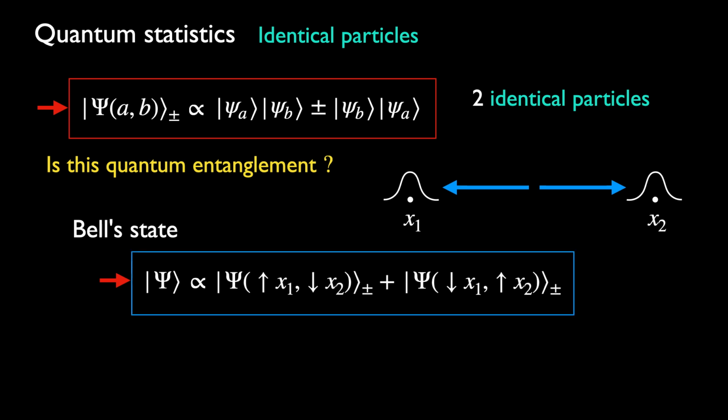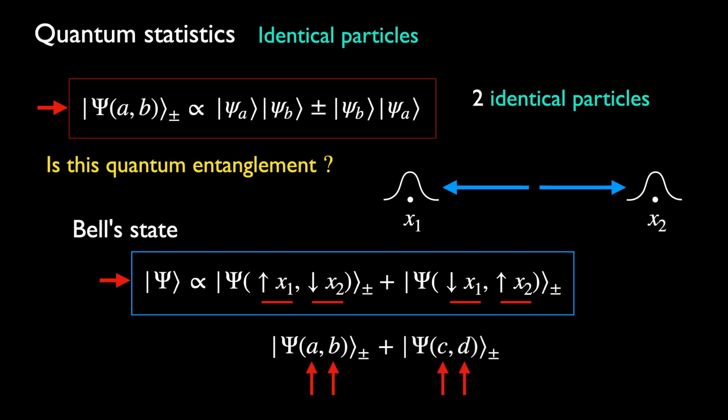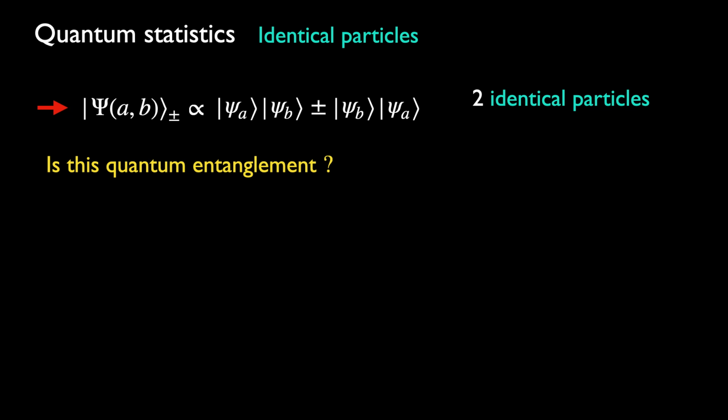As you can see, the Bell state actually involves 4 different single particle states, and therefore is quite different from the state above. So the answer to our question is no, this is not an entangled state. Pairs of particles have to undergo additional physical processes in order to be entangled. Entanglement is not a necessary condition for pairs of identical particles, but every state describing identical particles must have the symmetric or anti-symmetric properties that we are talking about here.